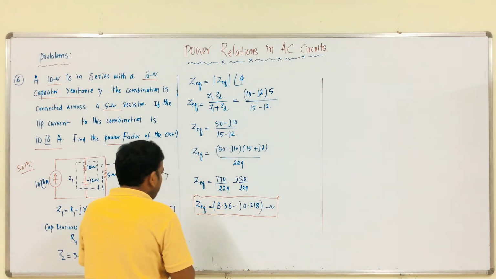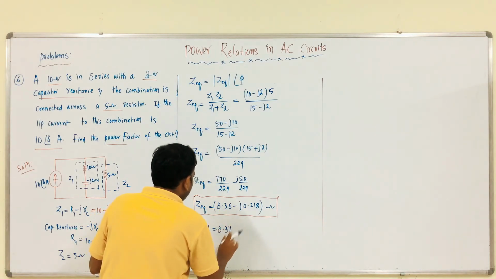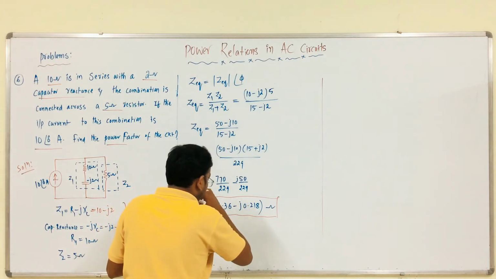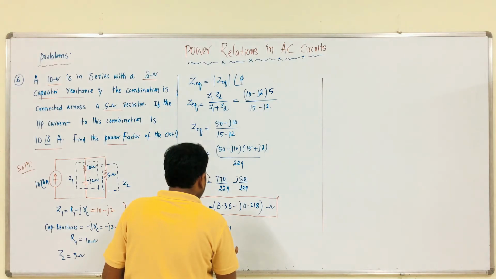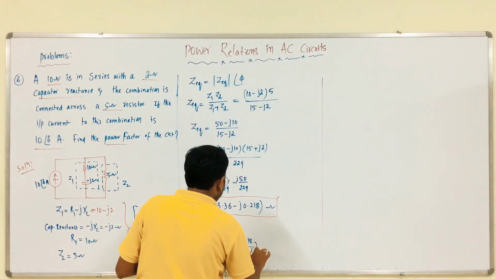So, from this, mod Z is equal to 3.37, and the phasor angle is what? We get negative tan inverse of 0.218 by 3.36.